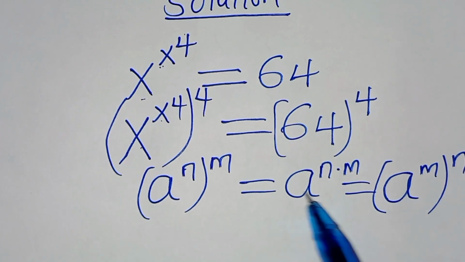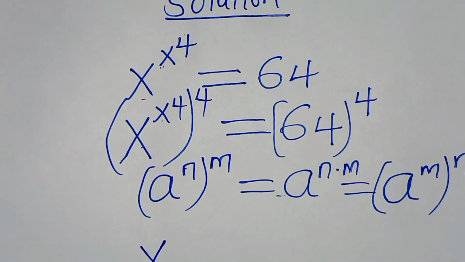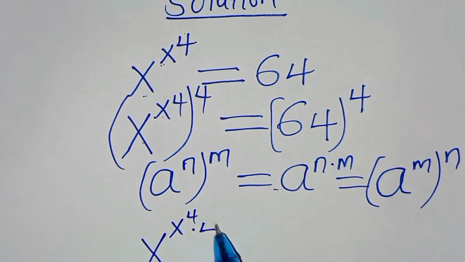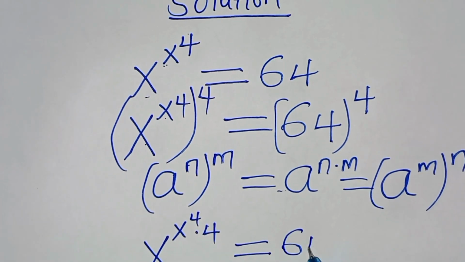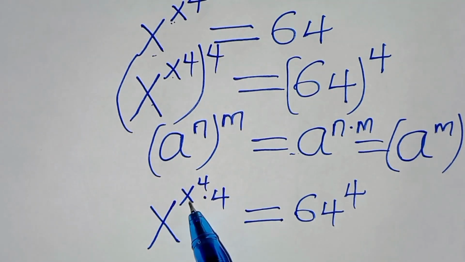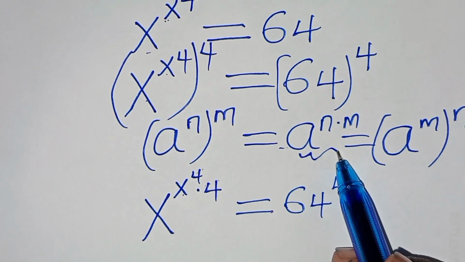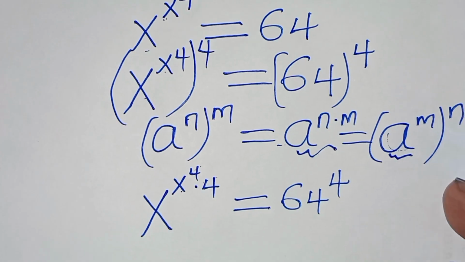Applying this exponent property, we'll have x raised to power x to power 4 times 4, equal to 64 raised to power 4. So we find that x to power 4 multiplied by 4 is in this form.